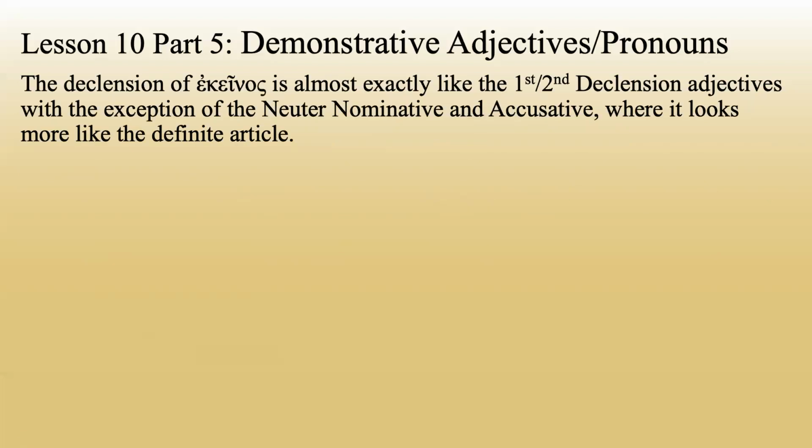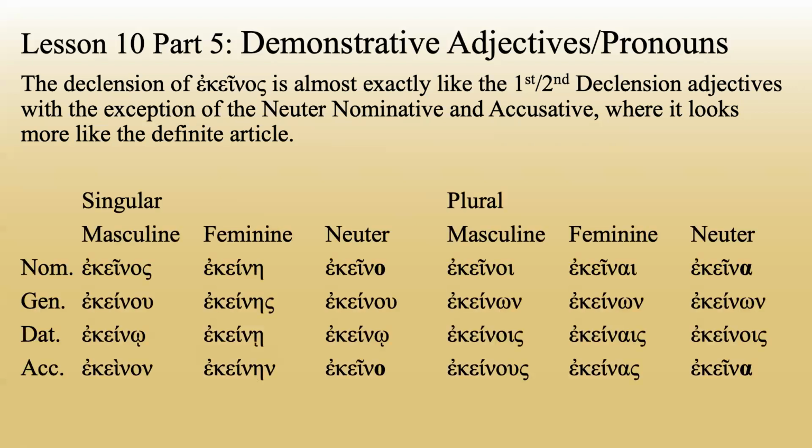The declension of ekeinos is almost exactly like that of first, second declension adjectives, with the exception of the neuter nominative and accusative, where it looks more like the definite article. So it looks like this: ekeinos, ekeinou, ekeino, ekeinon, ekeinoi, ekeinon, ekeinois, ekeinous. Exactly like we would expect. Same for the feminine, exactly like we would expect.